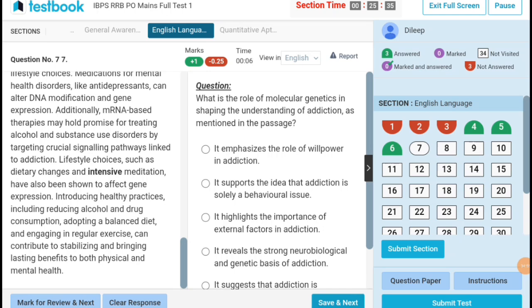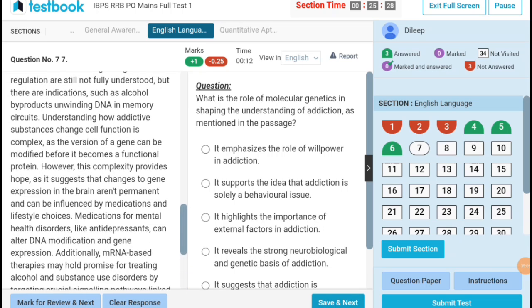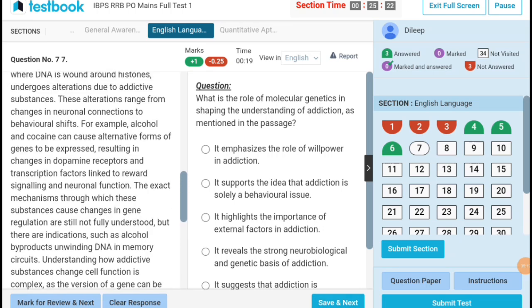What is the role of molecular genetics in shaping the understanding of addiction? Molecular genetics.